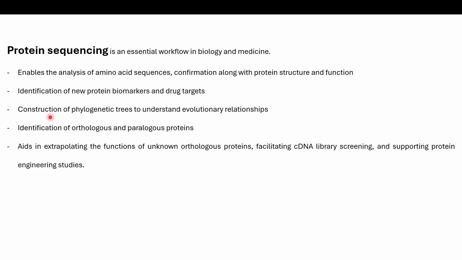One can construct phylogenetic trees to understand evolutionary relationships, and one can identify orthologous and paralogous proteins. Overall this helps in extrapolating the functions of unknown proteins, facilitating cDNA library screening and supporting protein engineering studies.